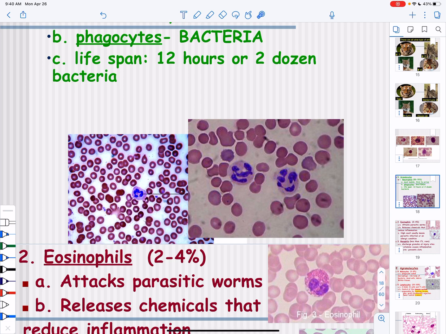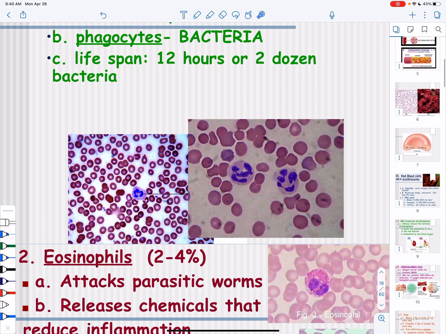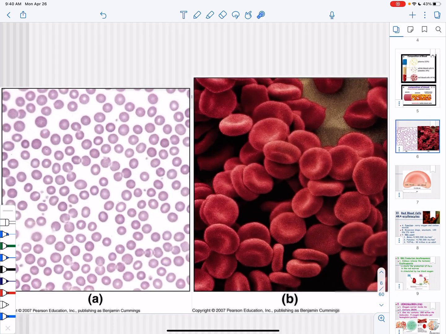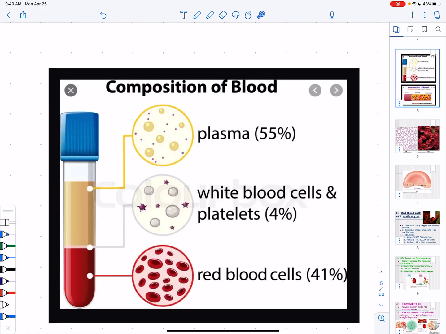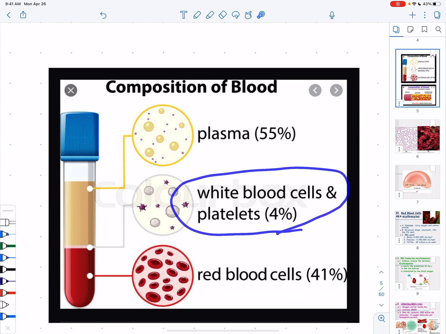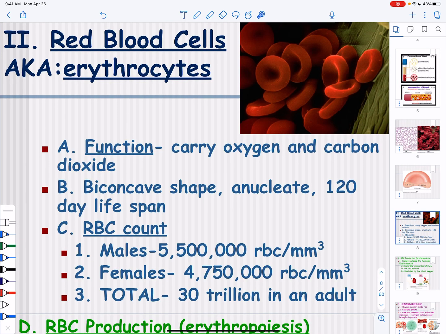Lots and lots of red blood cells, not so many white blood cells. So the volume of red blood cells to white blood cells, well, it's a lot different. 41% of your blood is going to be red blood cells, and only 4% is going to be white blood cells.